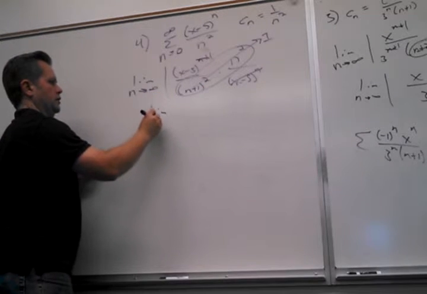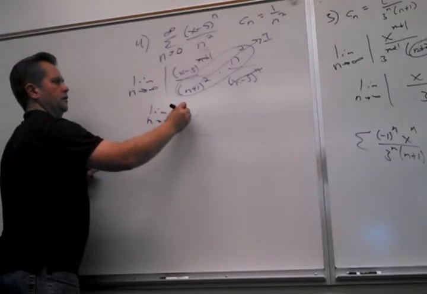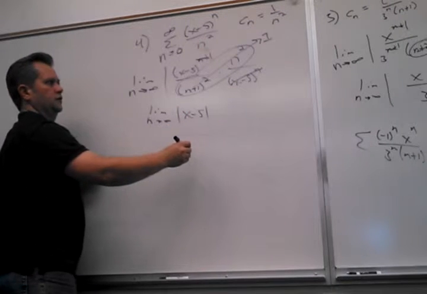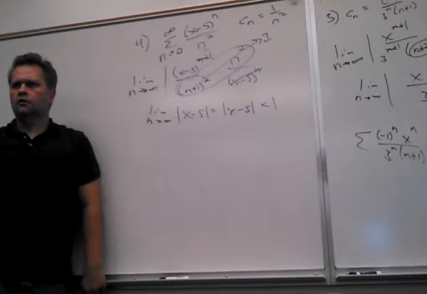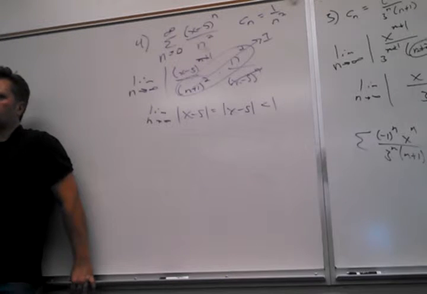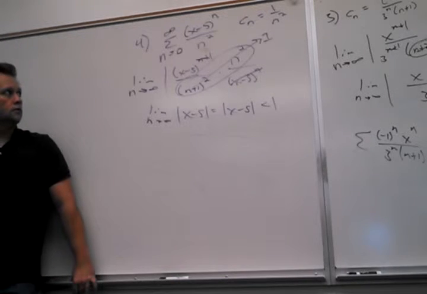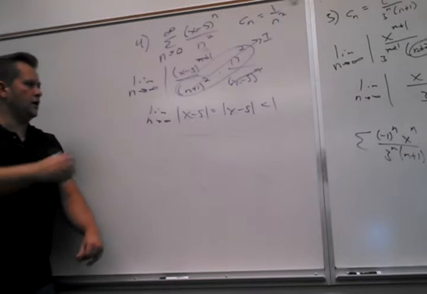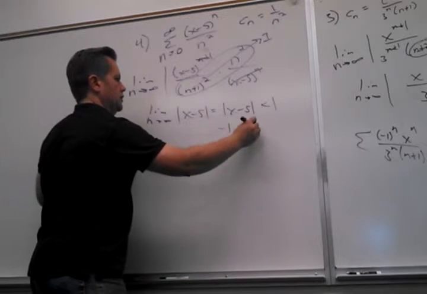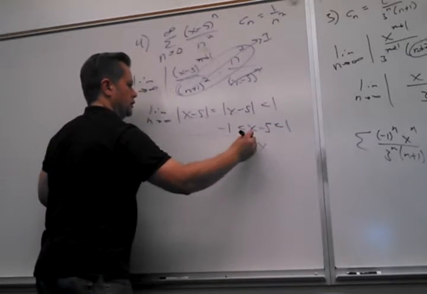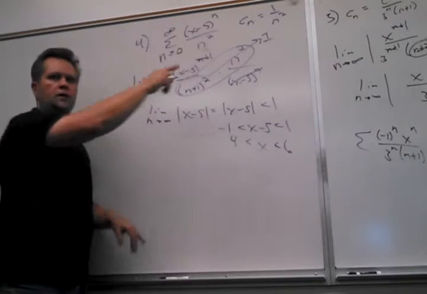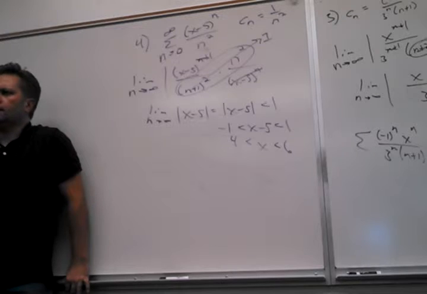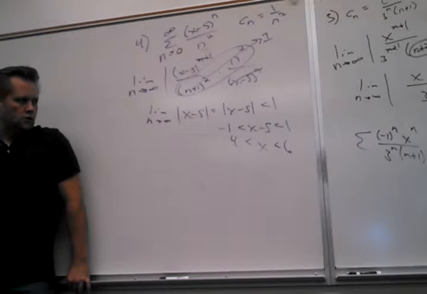So this will be the limit as n goes to infinity of |x minus 5| less than 1. Solve it for x. So negative 1 less than x minus 5, less than 1, so I get x between 4 and 6. That's 1 away from 5, which matches with the idea of the absolute value being distance.